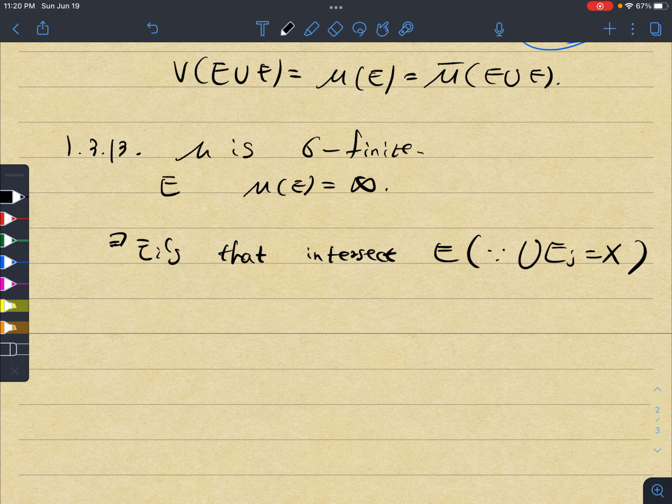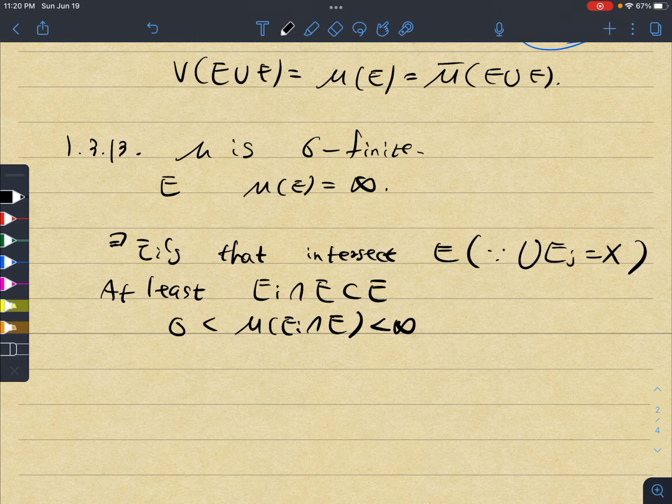And we can easily see that at least one of these E_i's will have a property such that E_i intersection E, which is of course trivially a subset of E, has measure bigger than 0, and mu of E_i intersection E is a finite number.